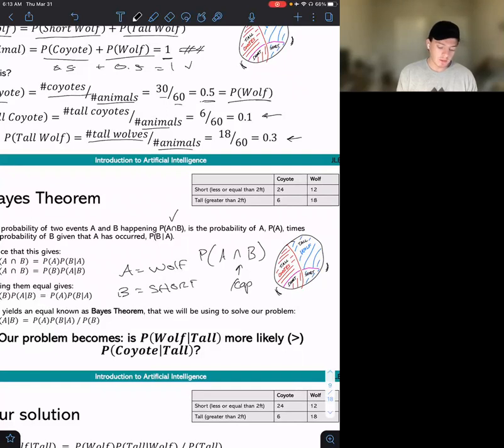And so we're looking at probability of A, probability of B, which would land us right here in the state space. So this probability A intersection B, where A is the wolf, B is short, we can just look at the state space and figure out what we're talking about in terms of the data that we have and what this actually means from the mathematical notation.